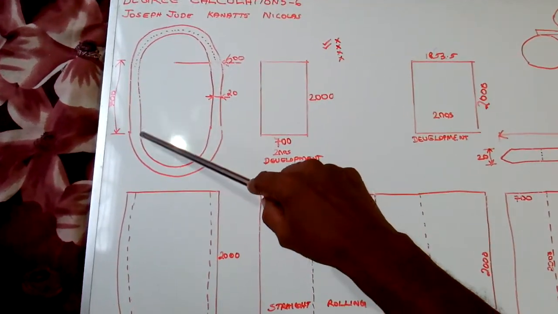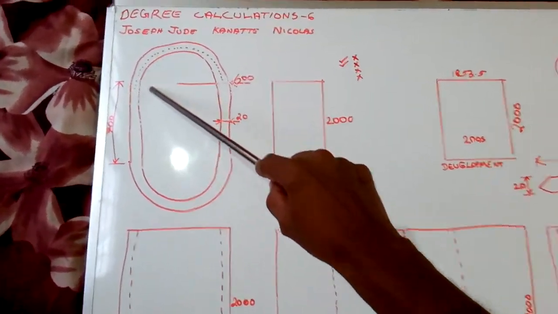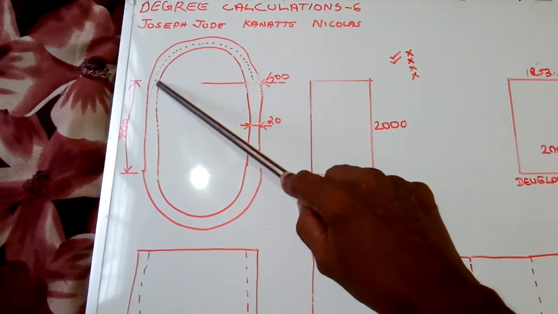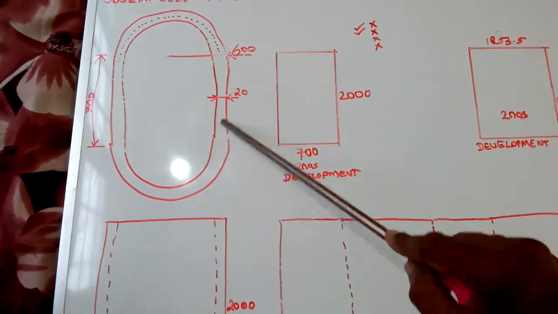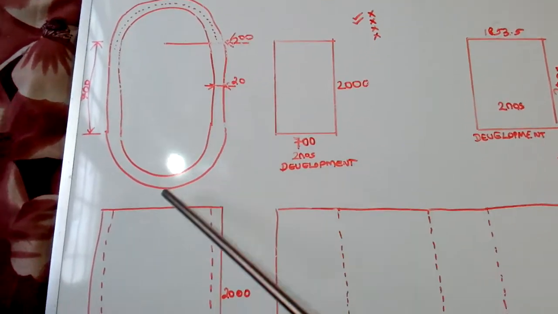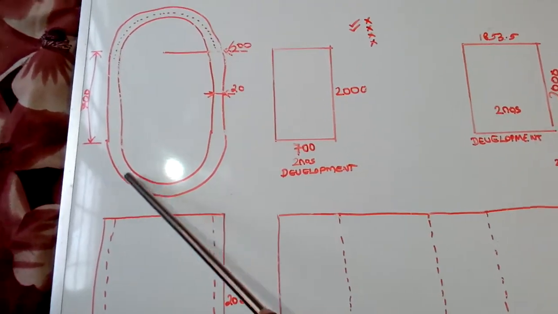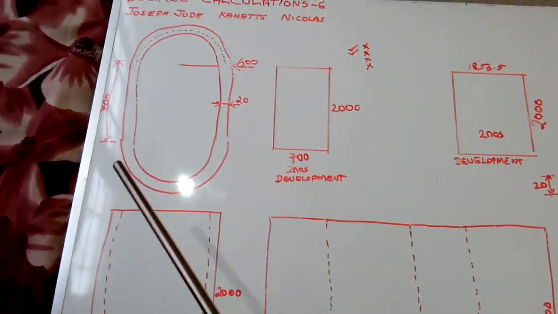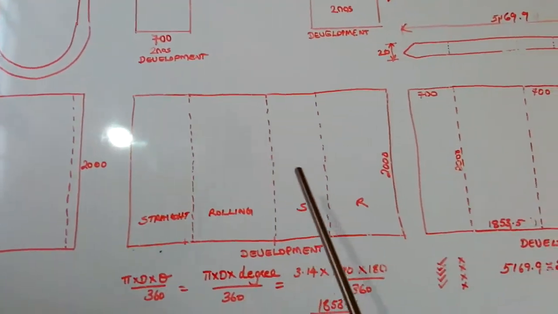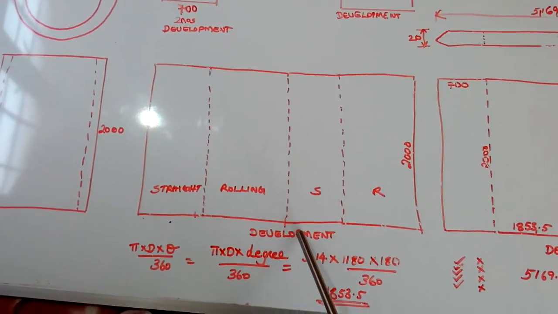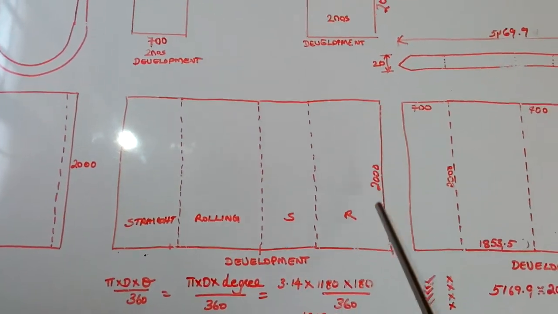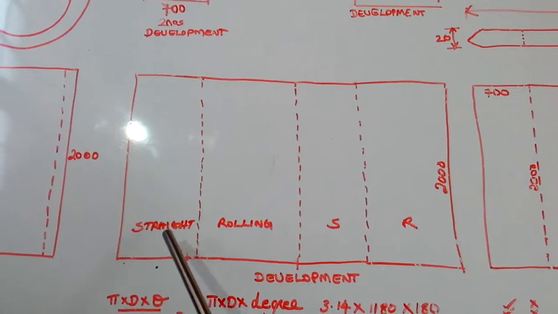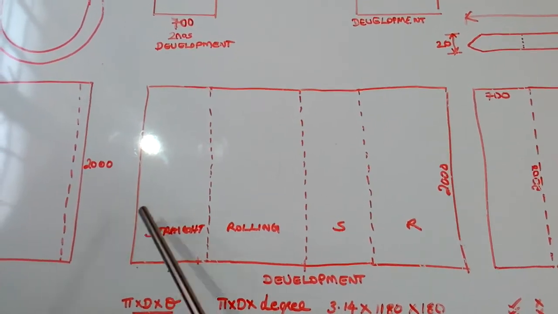One straight portion is there from here to here. Afterwards there is a rolled portion. Again we can see a straight portion, and again a rolled portion. So when we draw its pattern development, it will be like this. It is a rectangular shaped job. The first portion will be straight from here to here.